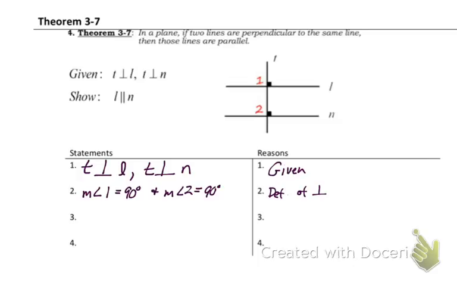Can I show that 1 and 2 are equal? Can I write in the next step that they're equal? Yes. I can say measure of angle 1 equals measure of angle 2, and I'm going to use substitution for this one.